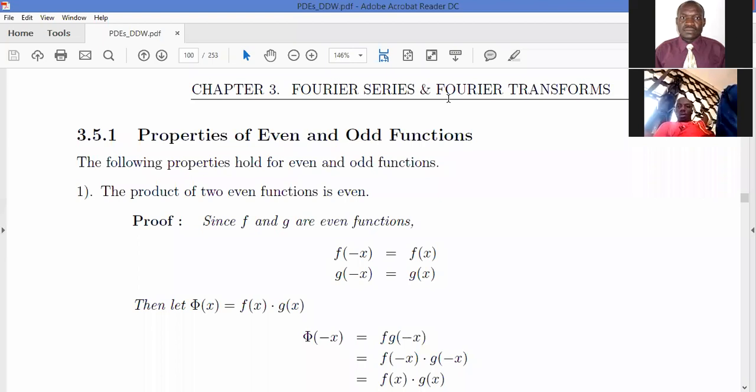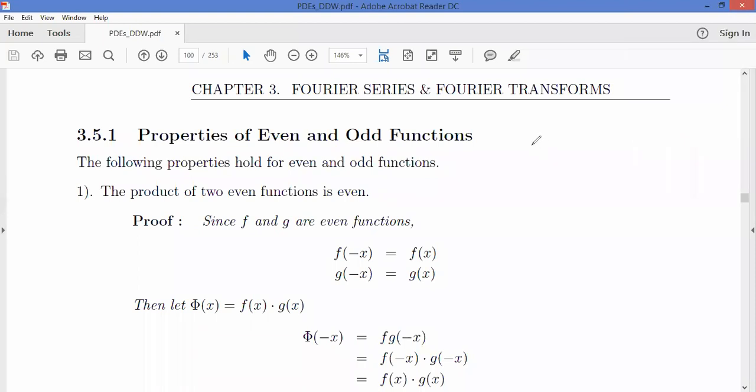Here, when you talk of odd and even, again, you're talking of the positive and the negative, and the same applies when it comes to the multiplication operation. So you know that if I have a positive and I multiply it with a negative, I get a negative. What does this mean? A product of an even function with an odd function gives me odd.